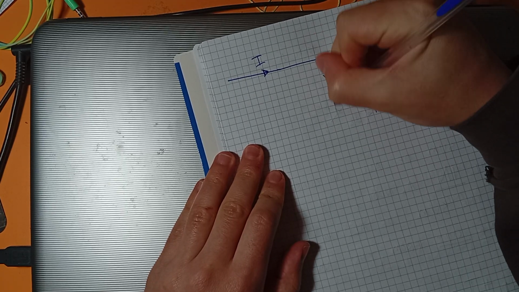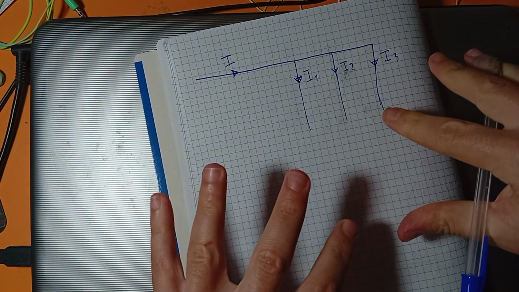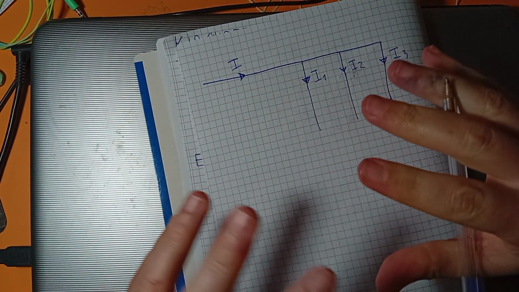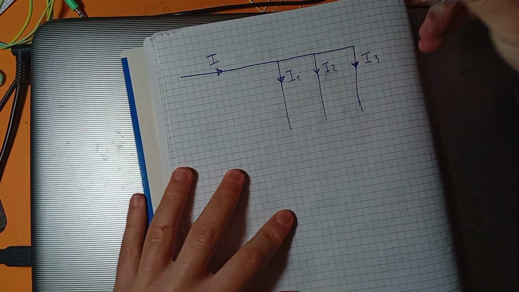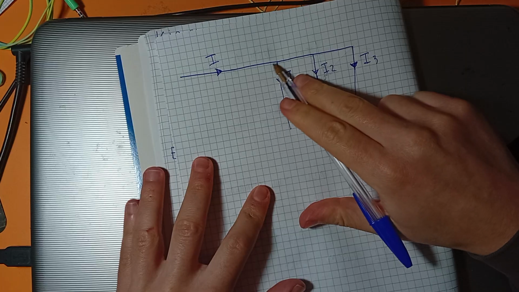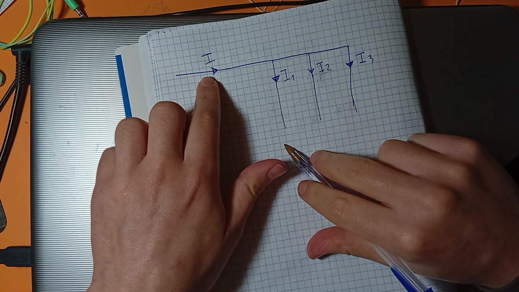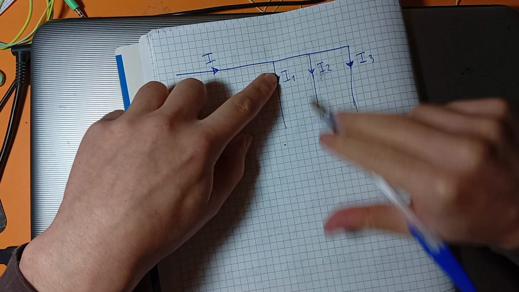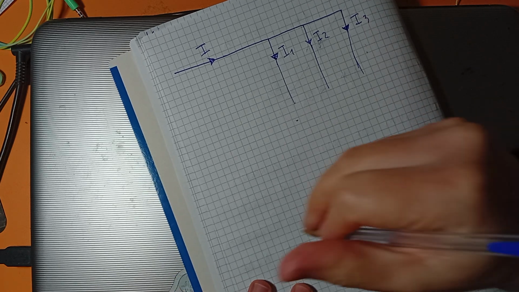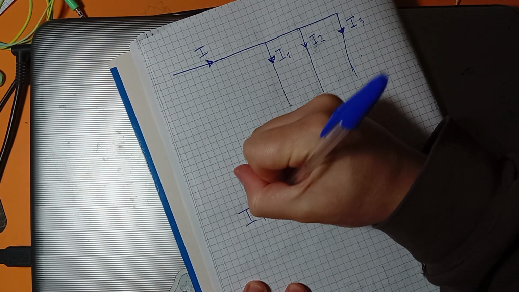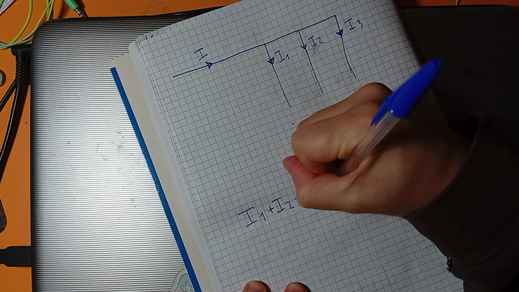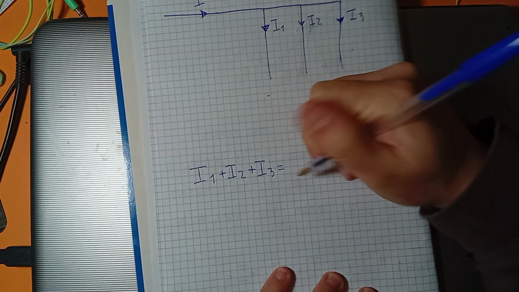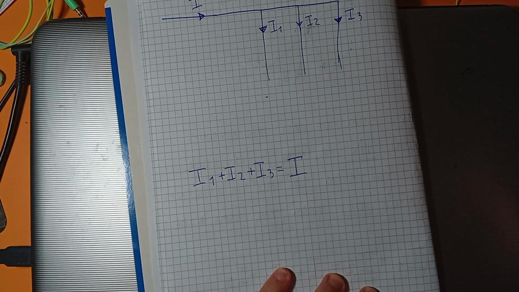Very often I will find this situation instead of the other one I have just explained. So what happens here? This I divides into three smaller parts, but if I add I1 plus I2 plus I3, I still obtain the original I.